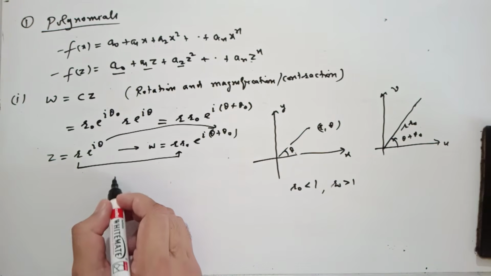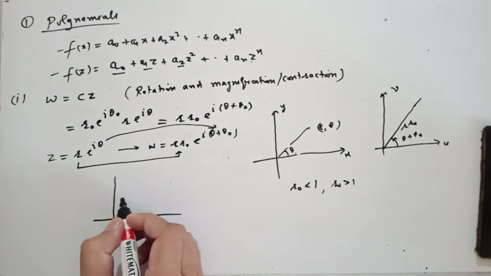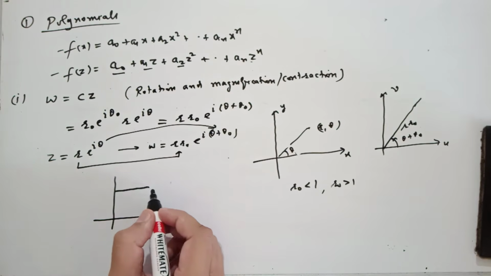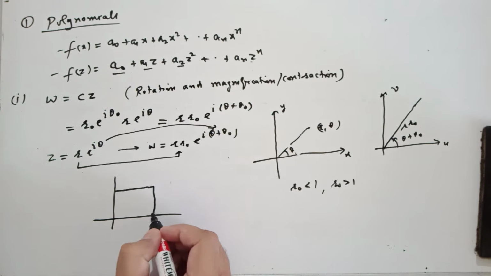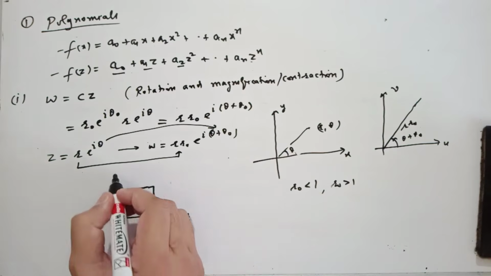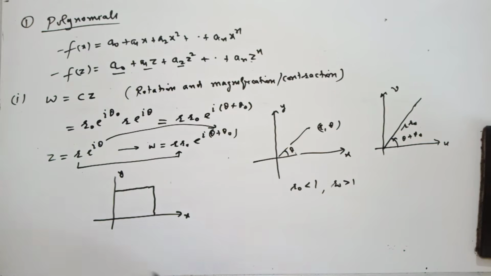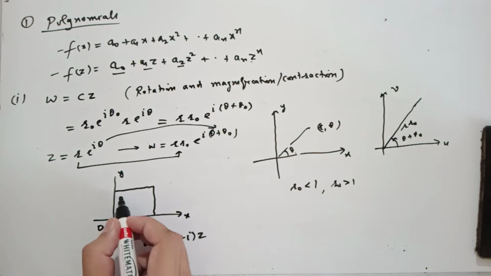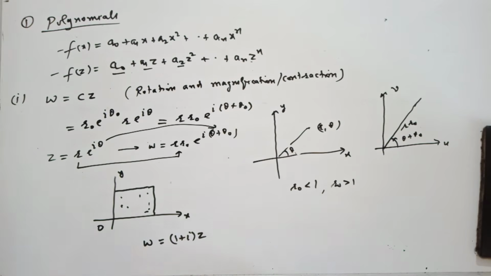So if you have, say, some rectangular area in the XY plane, okay, and say your mapping is (1 plus iota) z. So under this mapping, what happens to this rectangular area?